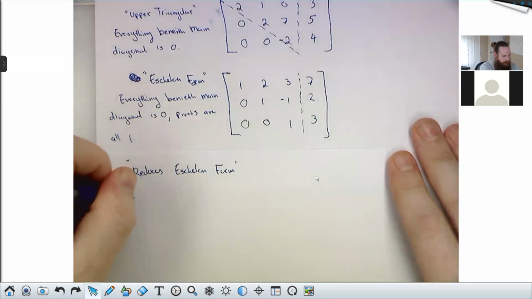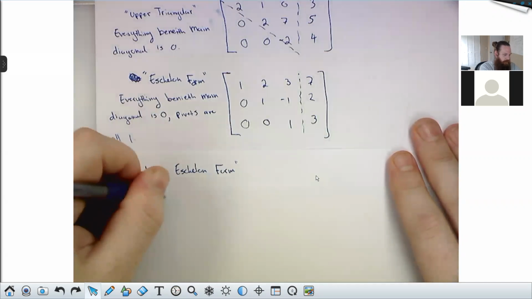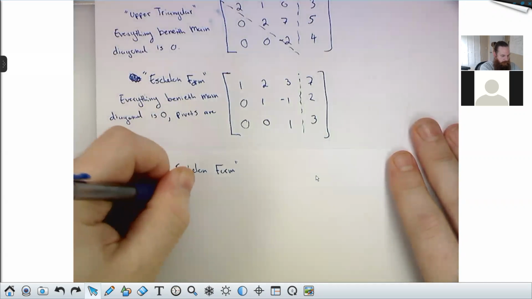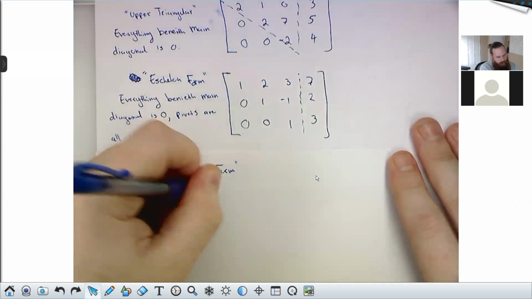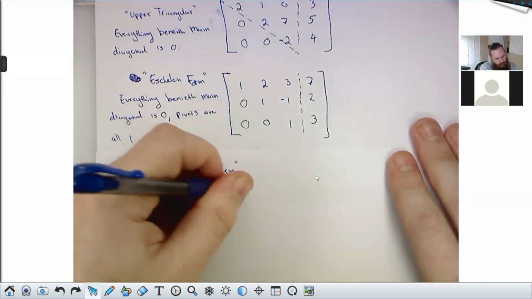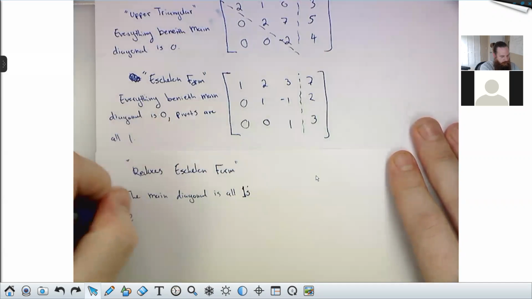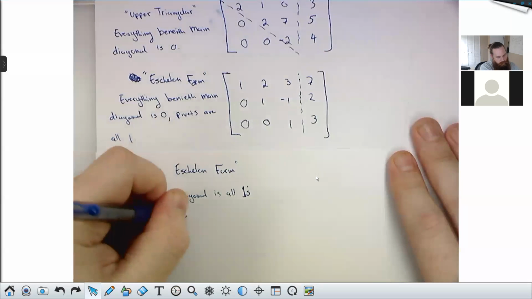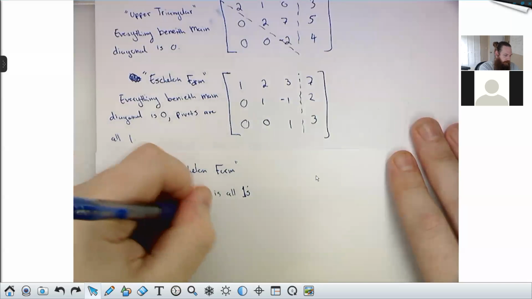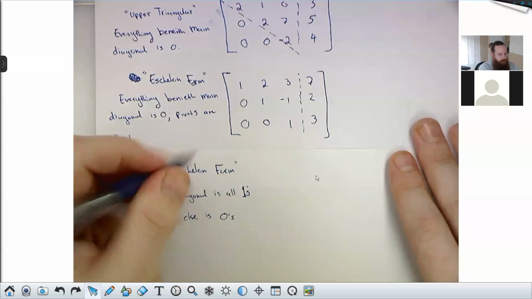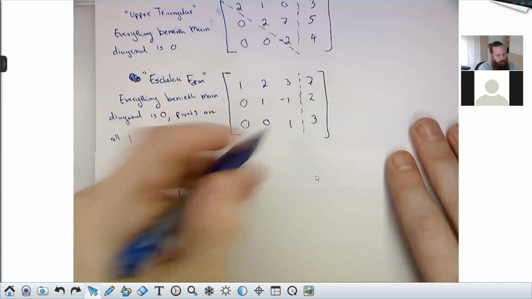Where the main diagonal is all ones and everything else is zeros. Everything else to the left of this bar.